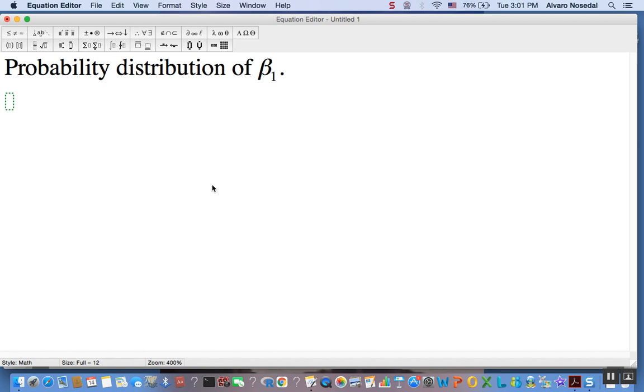These error term values, the epsilons, are assumed to have a normal distribution with mean 0 and variance sigma square. And any one value of the error term epsilon is statistically independent of any other value of epsilon. Okay?